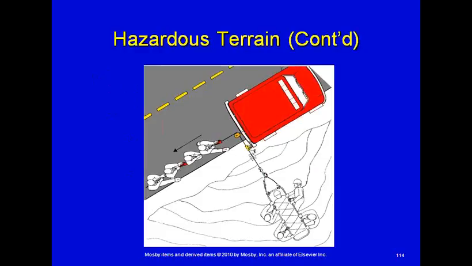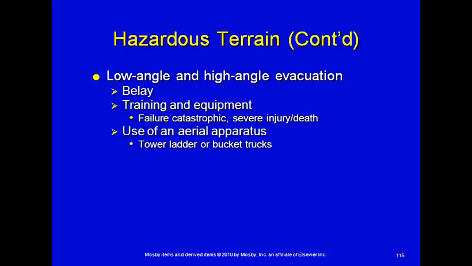Here they're talking about using some sort of device on the bumper of a rescue truck to pull a victim in a litter up perhaps a steep embankment. Low angle and high angle evacuation, as we already showed you, you may have to use a belay, and if you're not familiar with how to use it, then of course it's essentially useless.